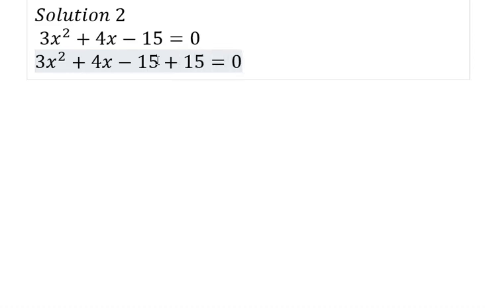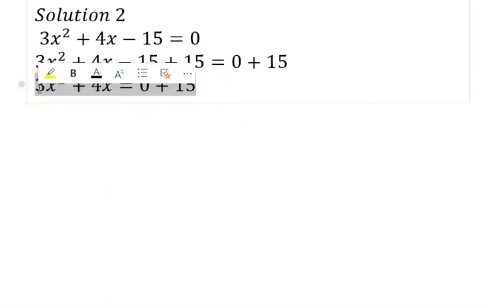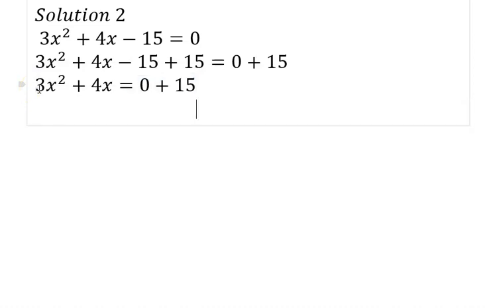Then we'll come out here and say plus 15 as well. That means plus 15 minus 15 here has gone. Awesome. And 0 plus 15 here gives us what? 15. Plus 15 here will give us 15.